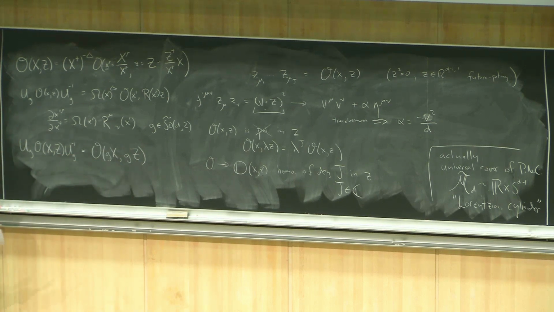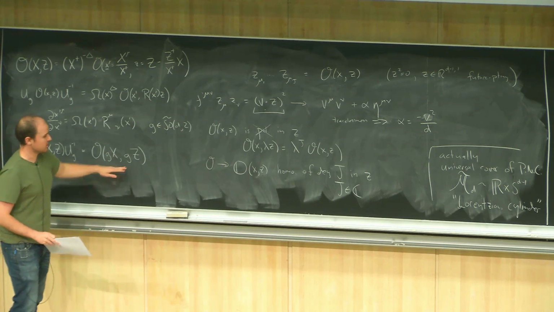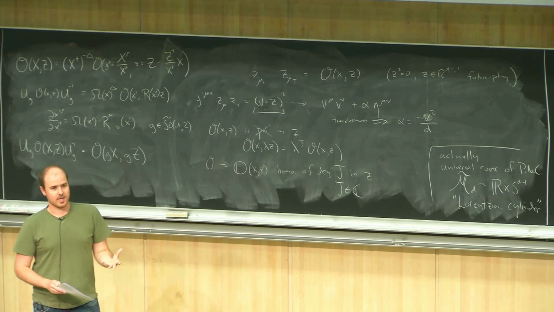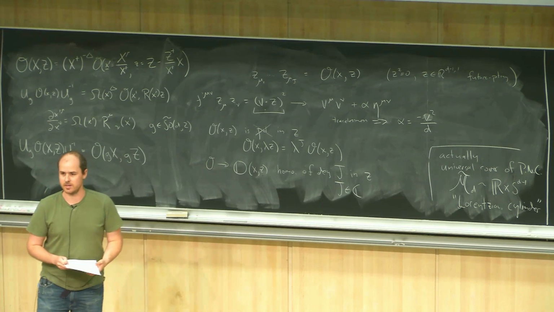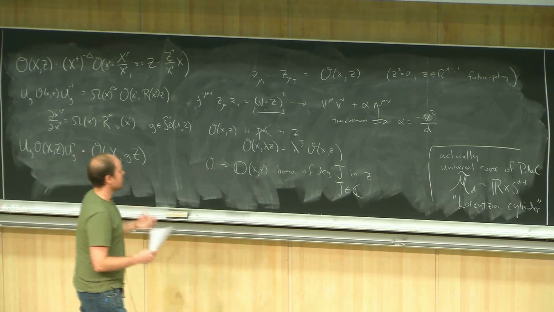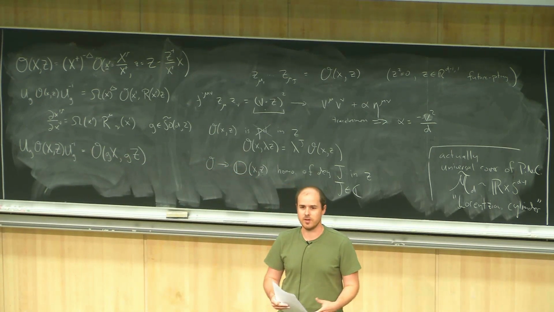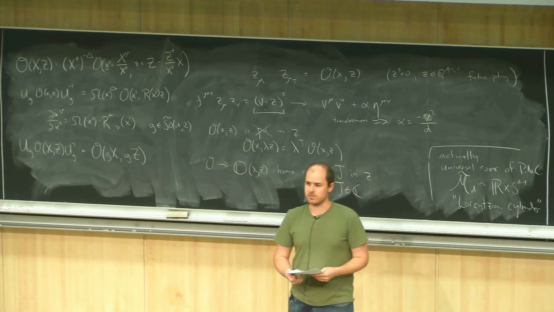So the advantage of building this object in this funny way is that it has this extremely simple conformal transformation law that basically linearizes the action of the conformal group. And this makes it really easy to write down conformal invariants for these operators in this language. And that's really, I should have said that earlier, that's sort of the main point of the embedding formalism. It completely trivializes the constraints of conformal invariance on correlation functions.